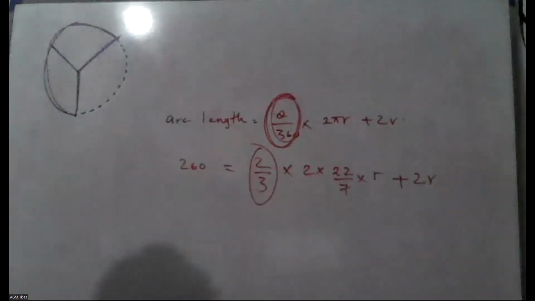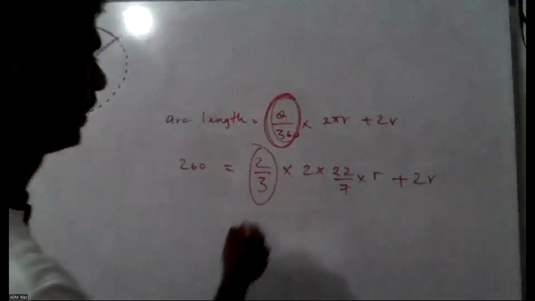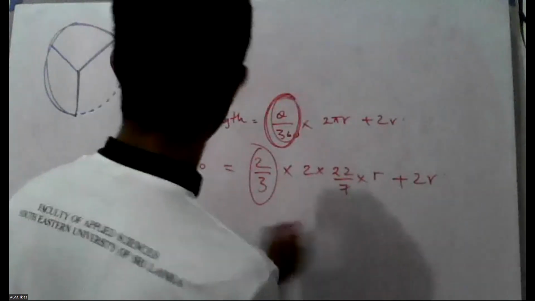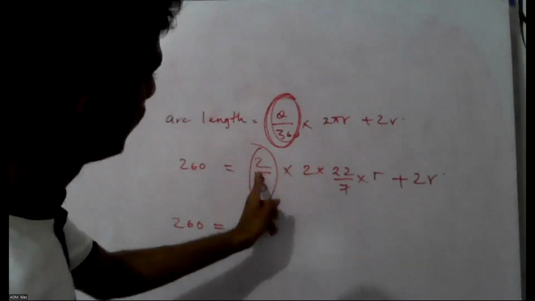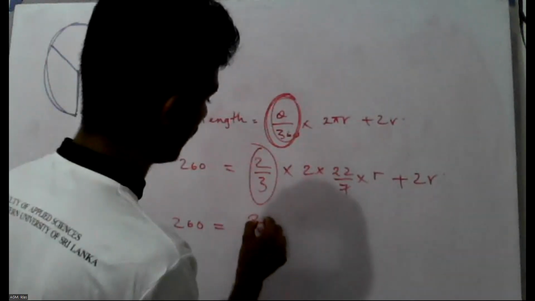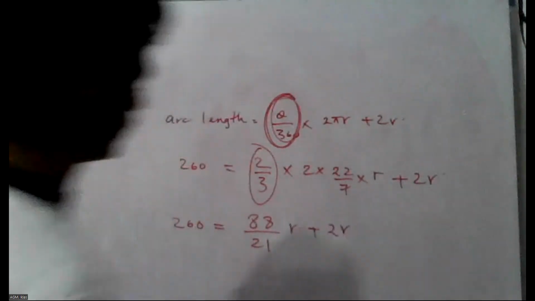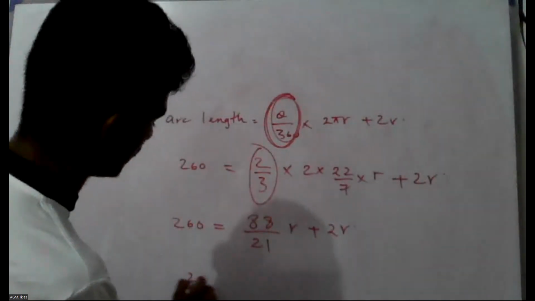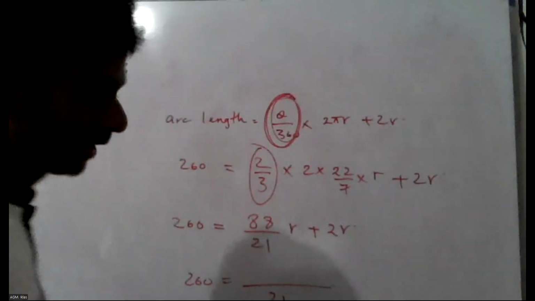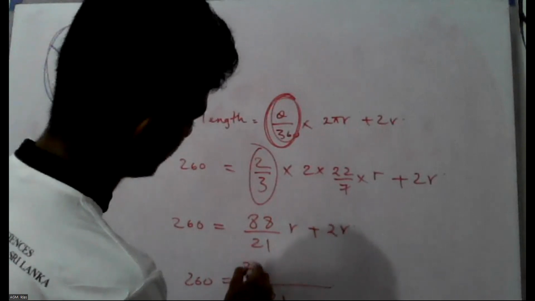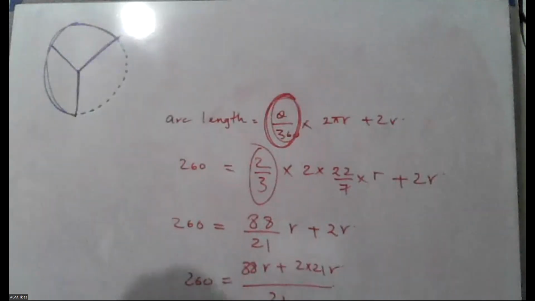Right? Just simplification. So here I can't simplify anything. So 260 is equal to 4 into 22, 88 over 21 R plus 2R. So here 260 is equal to, I'm taking 21 as LCM, so 88R plus 2 into 21R.